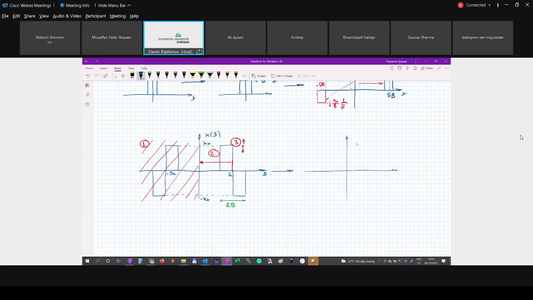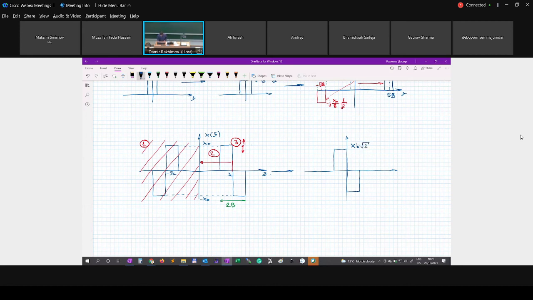So what do we get? We get two rectangular pulses centered around origin, and we have to change amplitude. We have to increase by square root of 2, because we removed components in our spectrum, so we have to increase it.